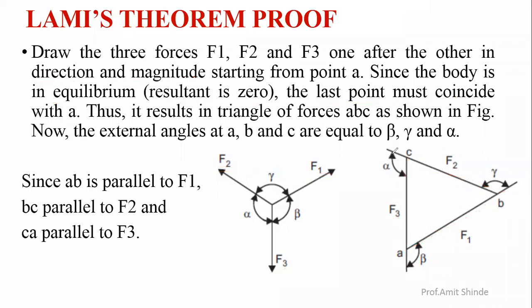Now the AB side is parallel to F1, the B to C side is F2, and the CA side is F3. It means in this triangle, AB side is your force F1, BC is the side of F2, and CA is your F3.